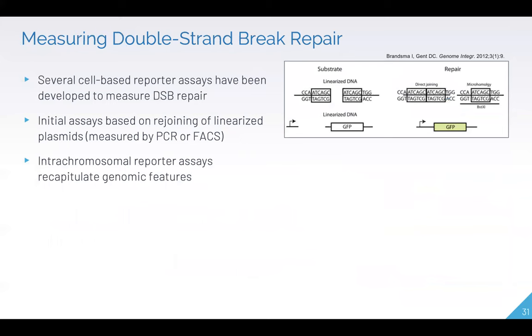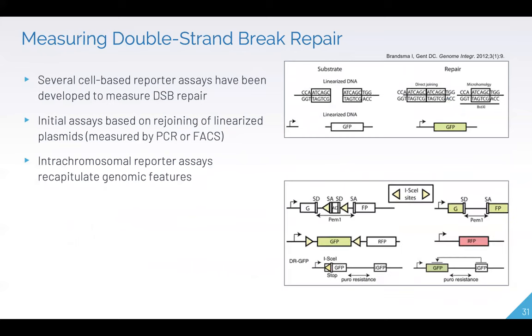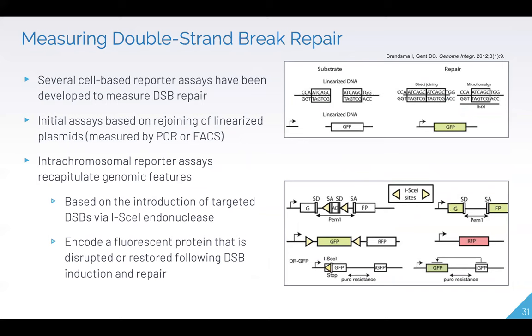I'll just talk briefly about how to actually measure double-strand break repair activity in cells. People have used different ways of doing that. The simplest way, used very early on, was to use a plasmid that has been linearized in vitro.